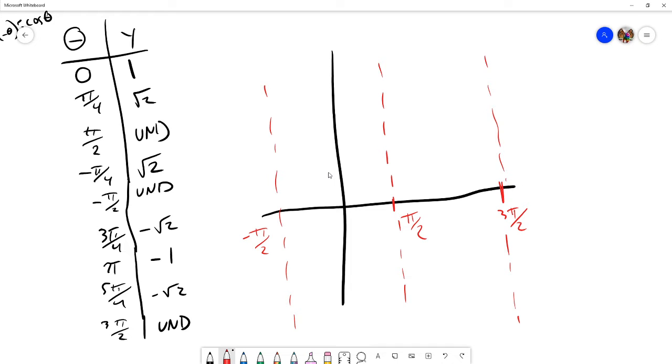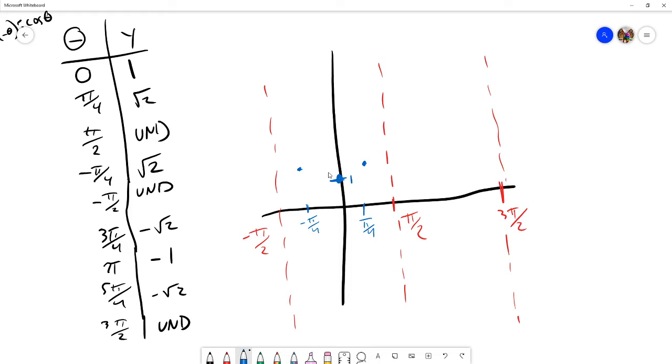Alright. Now, when theta is 0, we're up here at 1. Now, when we are at pi over 4, which is right here, pi over 4, negative pi over 4, we saw that we were at square root 2. Well, square root 2 is about 1.4. That's somewhere up here. Alright.